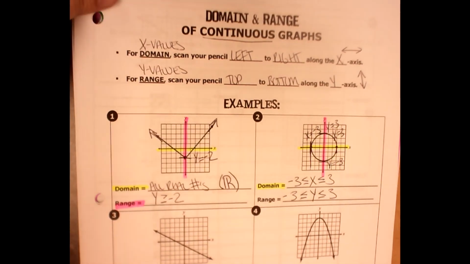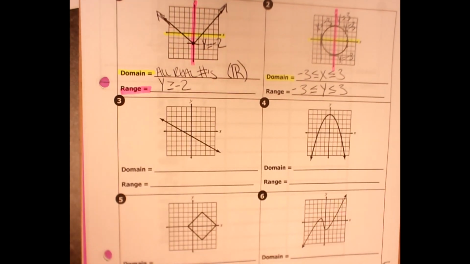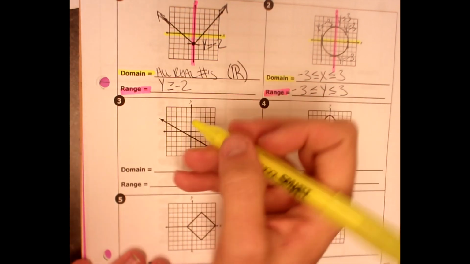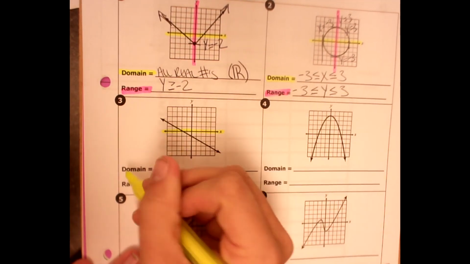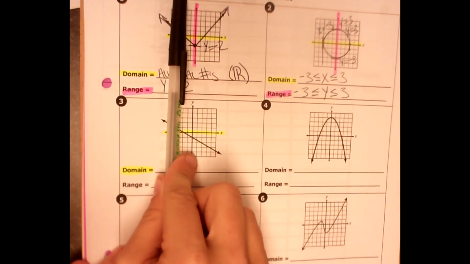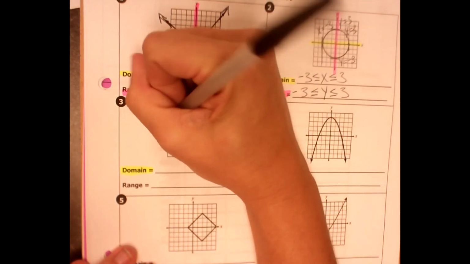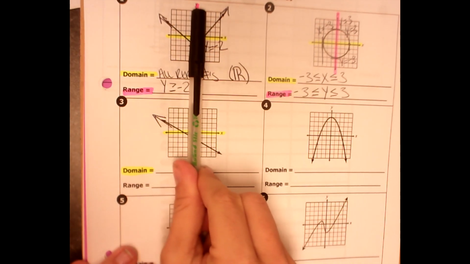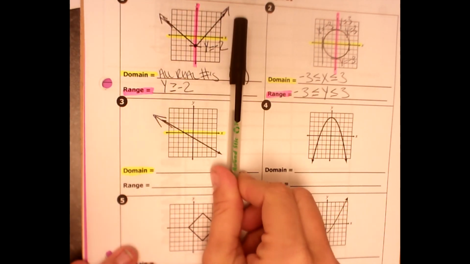Let's look at number 3. Looking at number 3, the x-axis is our domain. Scanning our pencil left, oh, there's an arrow. So we're looking at all the x's to the left, and then if we look, arrow, all the x's to our right.